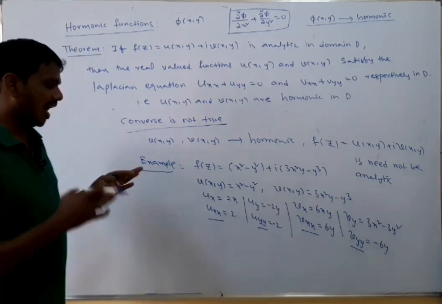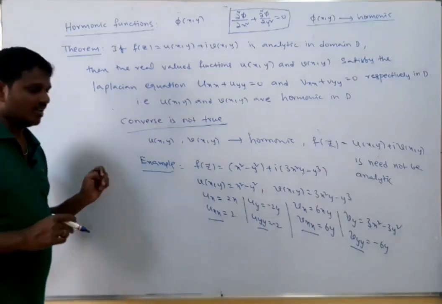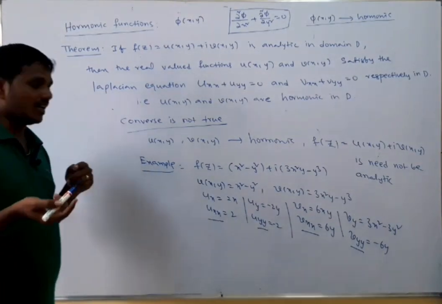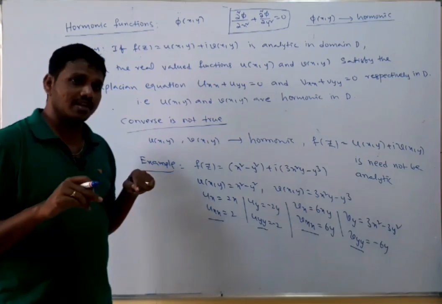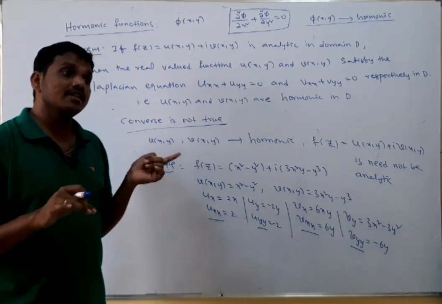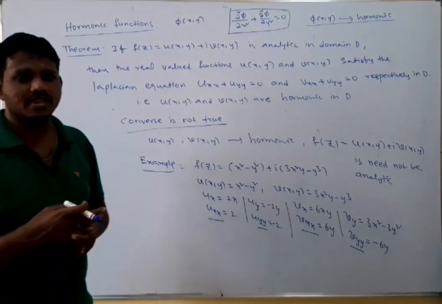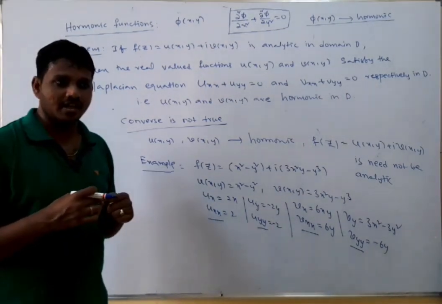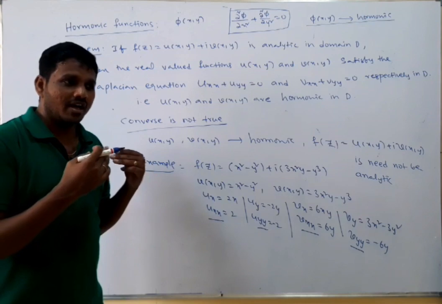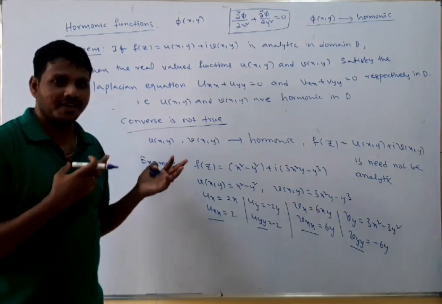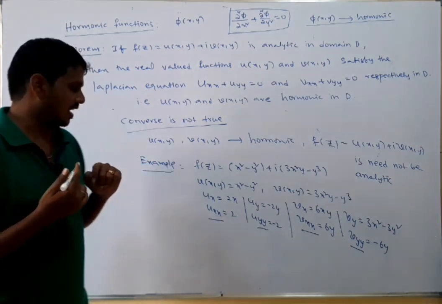Now I am going to check whether f of z is analytic or not. When we say analytic, the first order partial derivatives exist and are continuous, and if the function f of z satisfies the CR equations, then obviously we say that the function is analytic. I am going to verify whether u and v satisfy the CR equations or not.